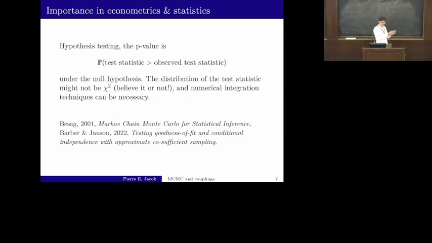I'm mostly going to talk about the computation, so I'm more agnostic to that debate now, but it is a very big debate in statistics. I just want to say with this slide that even if you're not interested in Bayesian inference, you may still have some numerical integration problems to solve. For example, in hypothesis testing, which is really on the opposite end of the spectrum from Bayesian inference for the statistician.